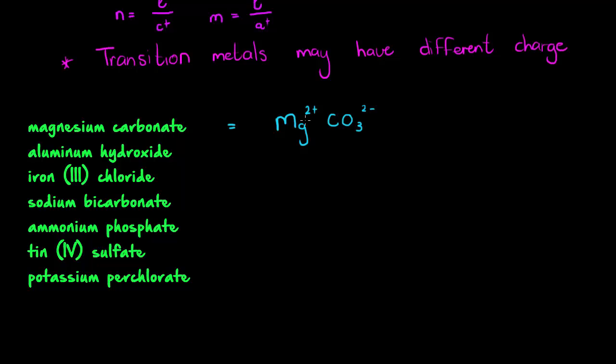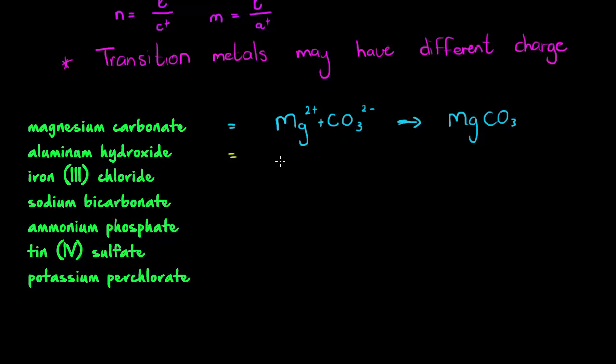Here we can see that the 2 charges just cancel one another out. So the magnesium ion and the carbonate ion produce magnesium carbonate. That's magnesium carbonate.